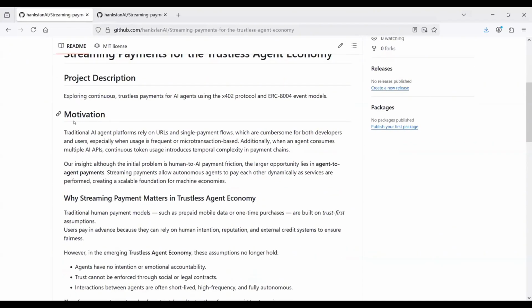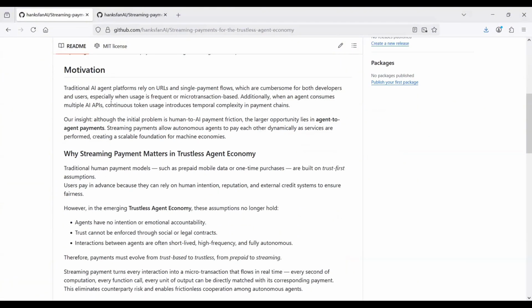Here is the motivation, and we can see the scenario is changing. Traditional AI agent platforms rely on URLs and simple payment flows. So this is the old scenario.